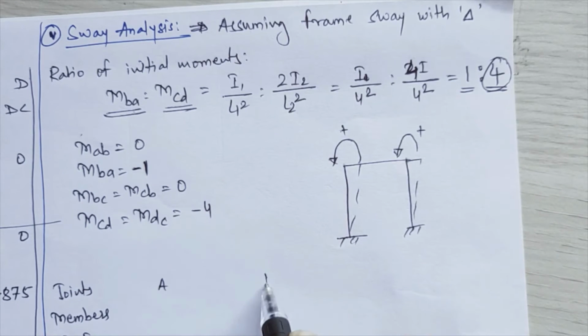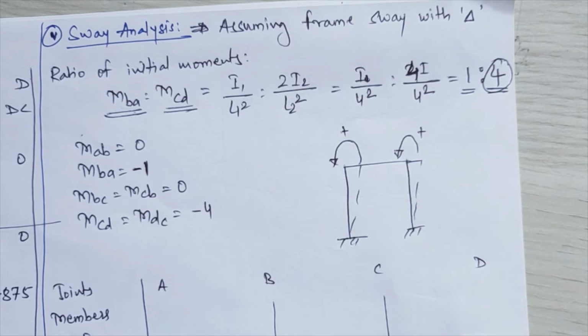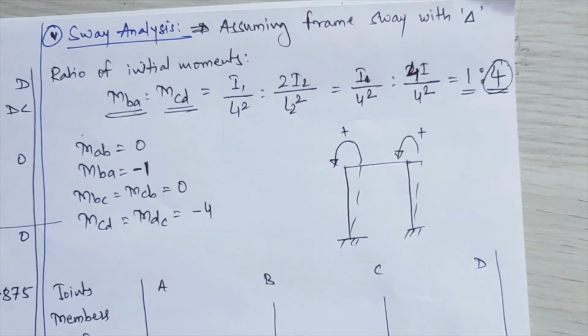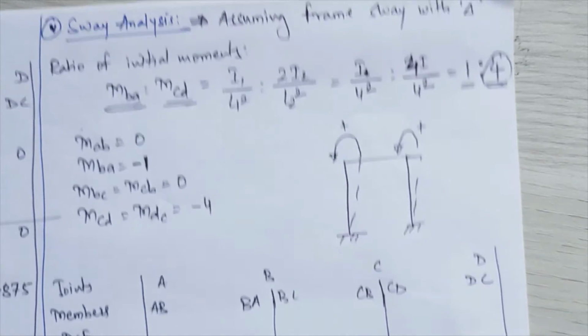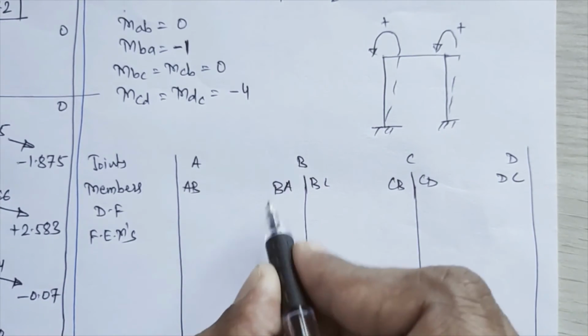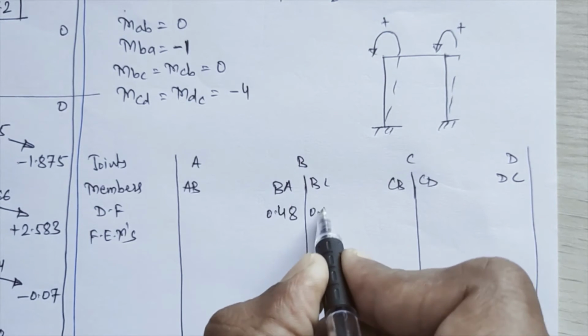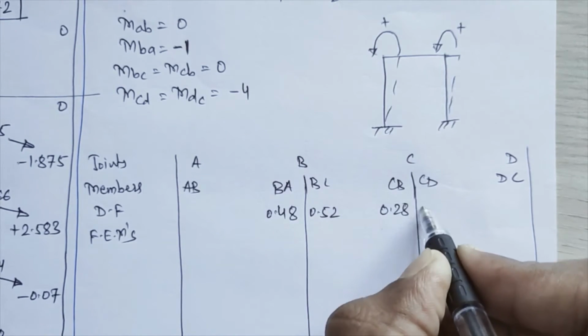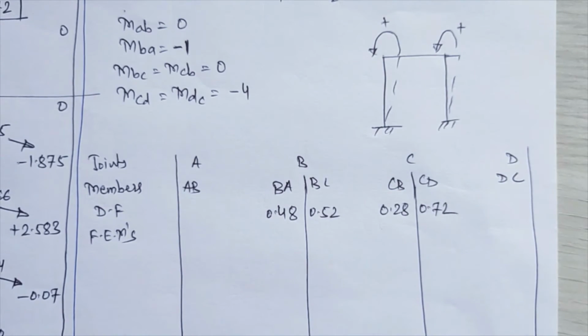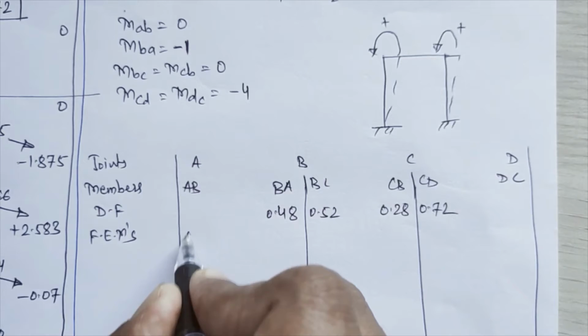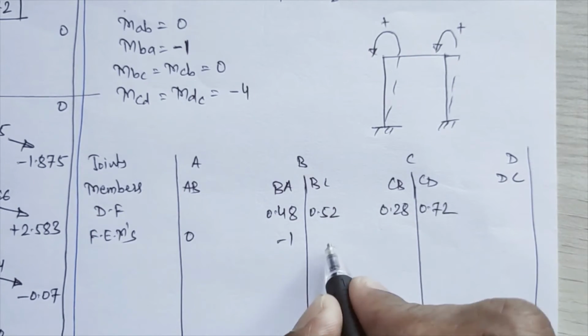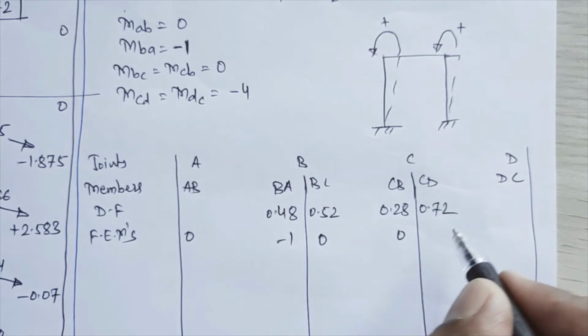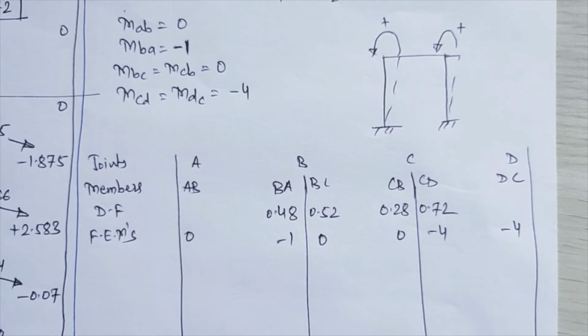So the joints are again A, B, C and D. Then the members meeting at the joints: AB, BA, BC, CB, CD, and DC. The distribution factors are the same as before: 0.48 and 0.52, and here 0.28 and 0.72. Now I'll write the friction moment values. AB is 0, BA is -1, BC and CB are both 0, and CD and DC are -4 and -4.